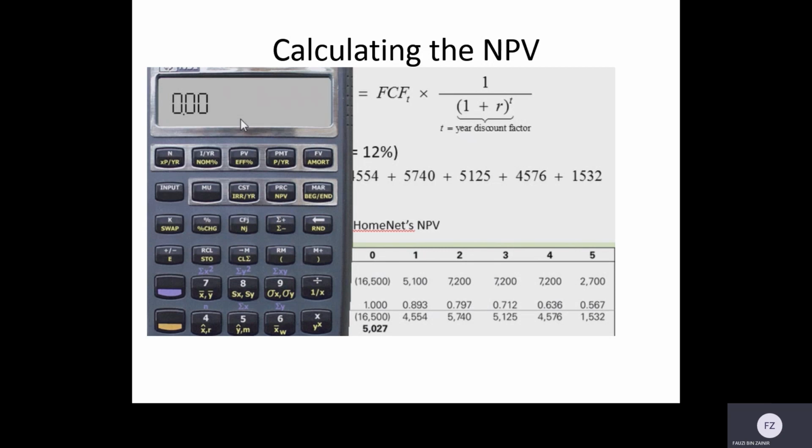Just to remind you, we are going to key in the numbers for year 0, 6,500, and so on.